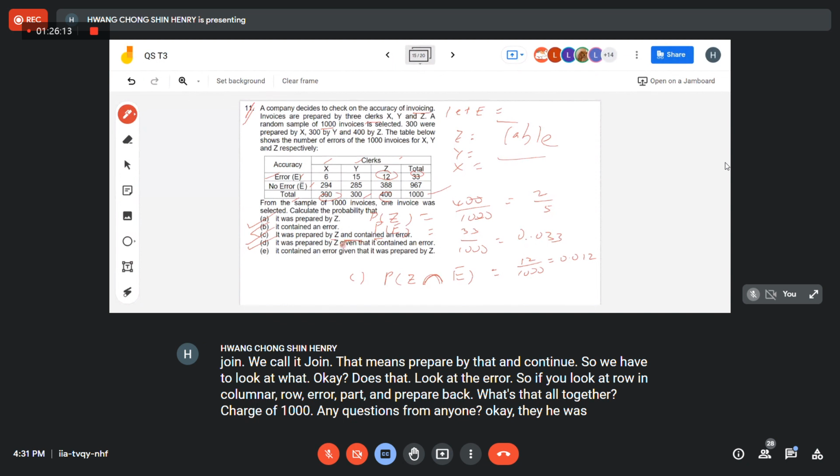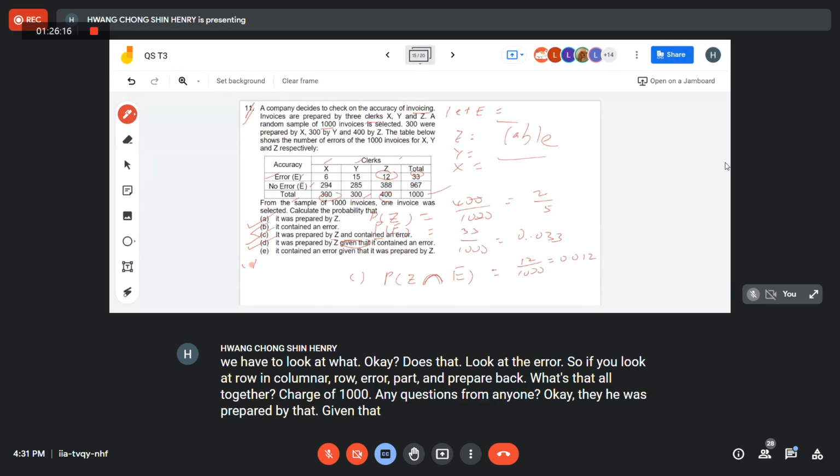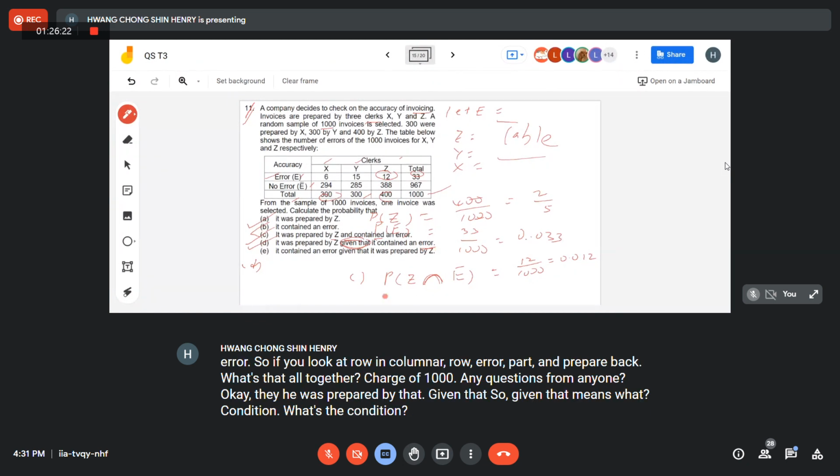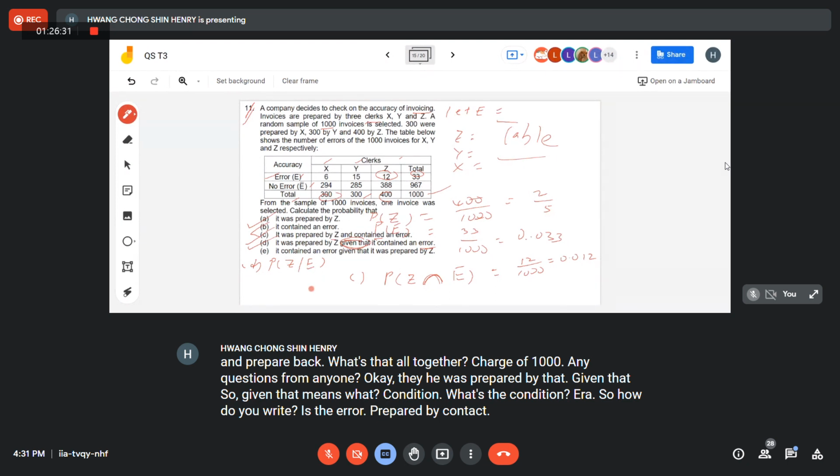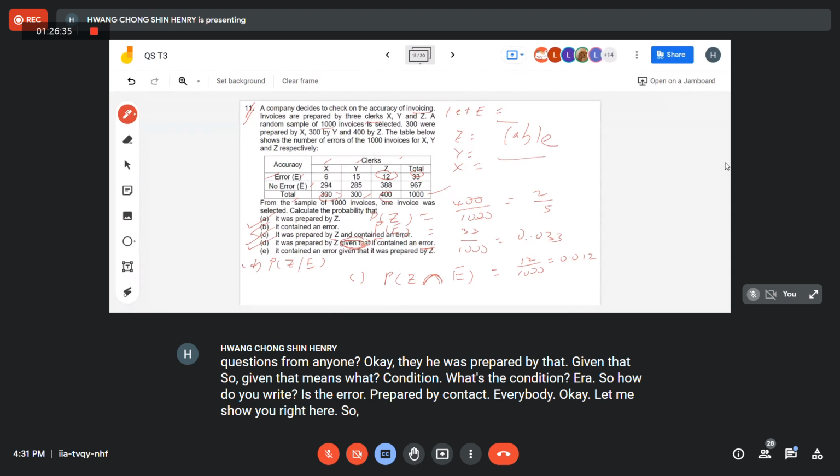Okay, D. It was prepared by Z given that. Given that means what? Condition. What's the condition? Error. So how do you write? E is the error, prepared by clerk Z. Everybody okay? Make sure you write correctly. So the error is the condition.